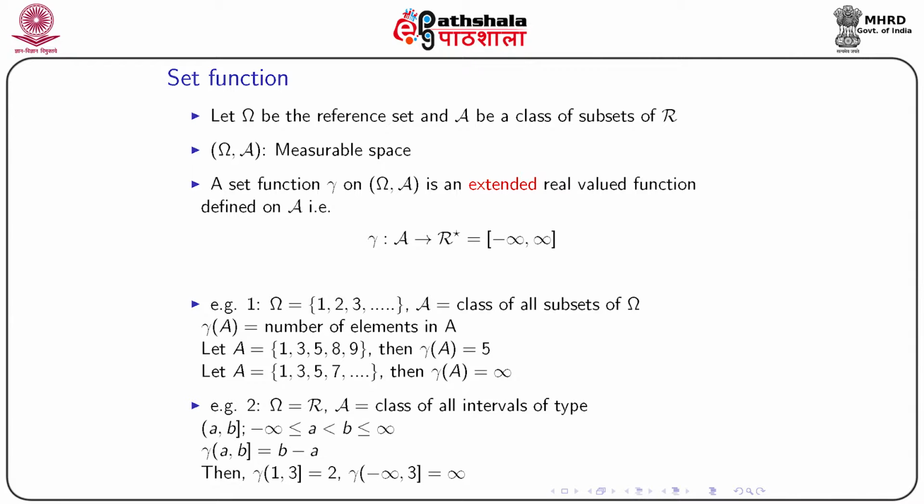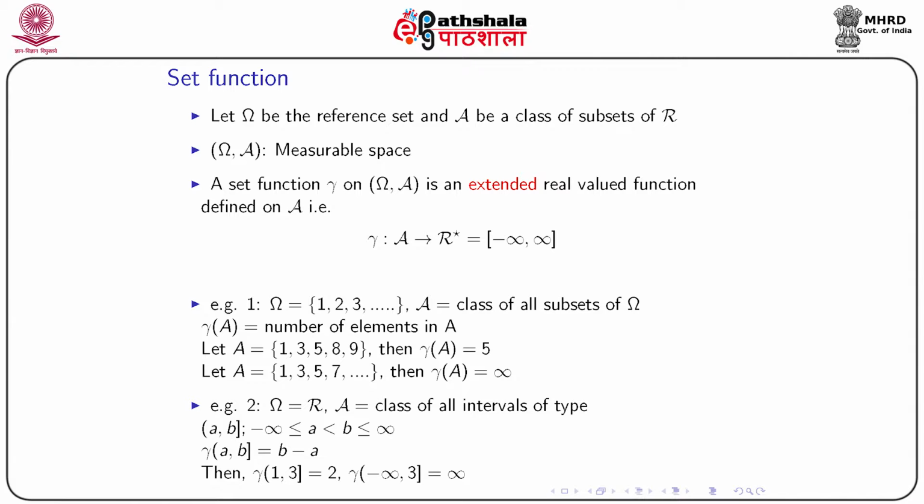Now consider the second example. Suppose the reference set omega is the real line, and in the class we are considering all intervals of the type (a, b], where the left side is open whereas the right side is closed, with the normal assumption that a is less than b, and both are not only finite, they can take the values minus infinity as well as plus infinity.